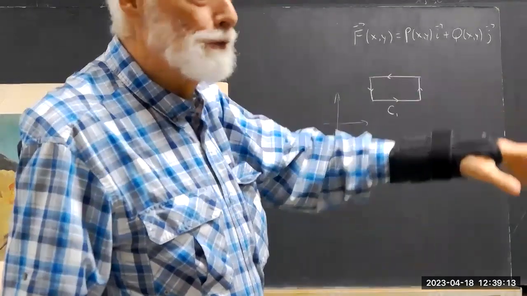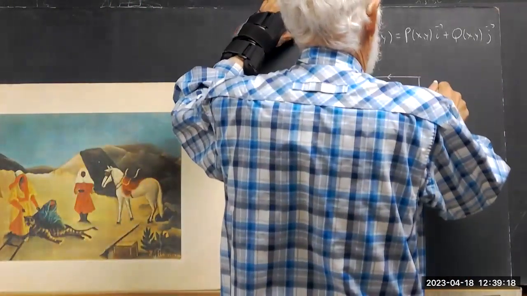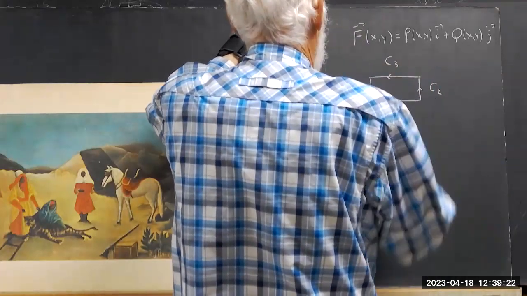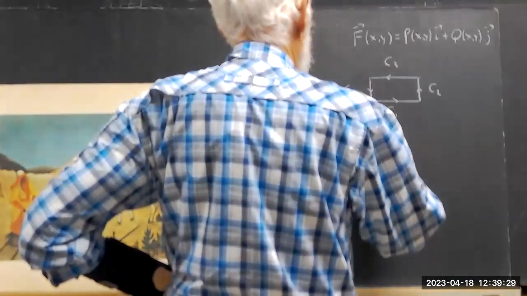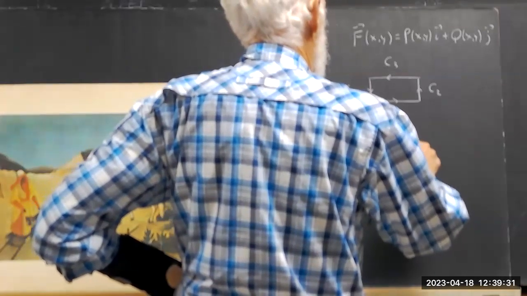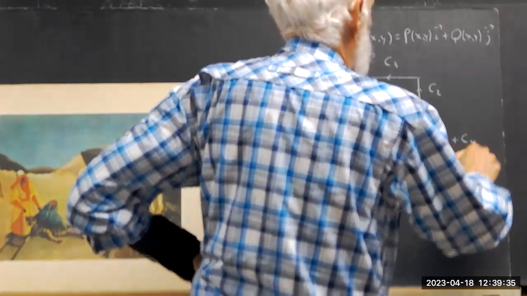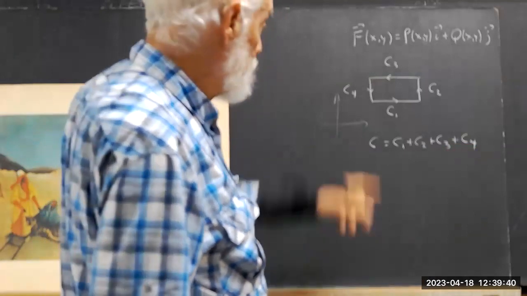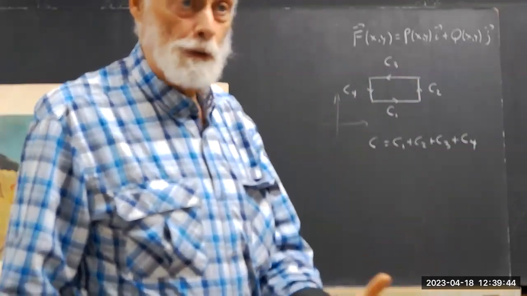It's a very straight curve, so it's easy to parameterize. We're going to call this one C2, this one C3, and this one C4. C, which is C1 plus C2 plus C3 plus C4, means you just do C1, then C2, then C3, then C4. It's a closed curve.